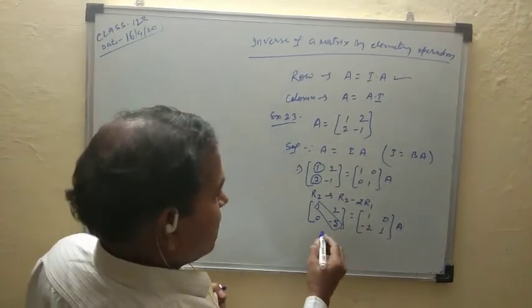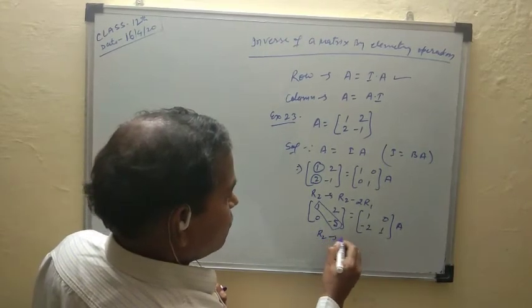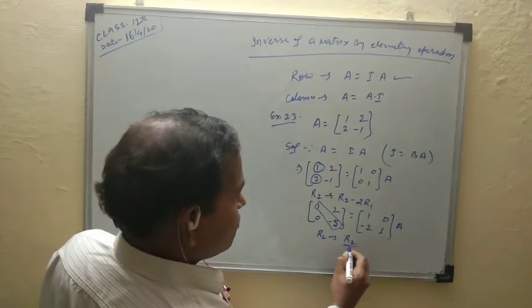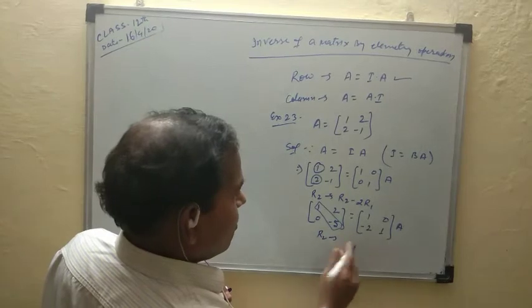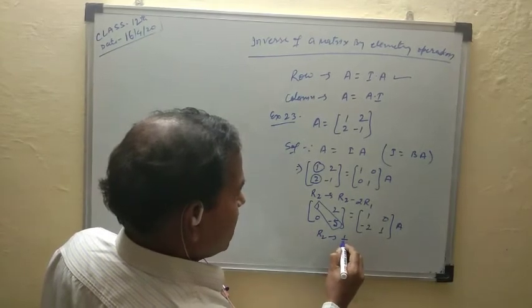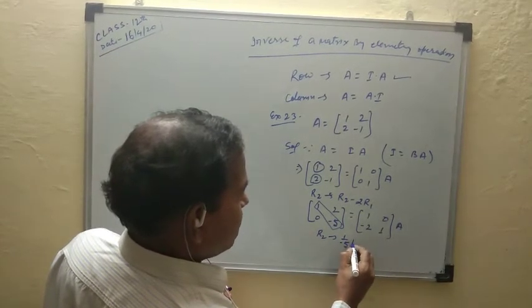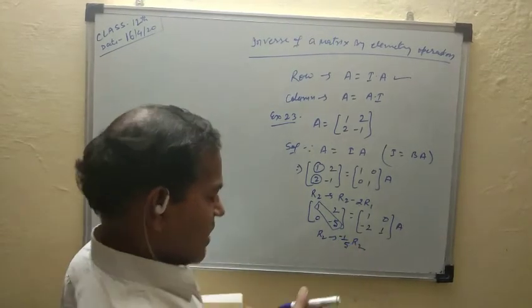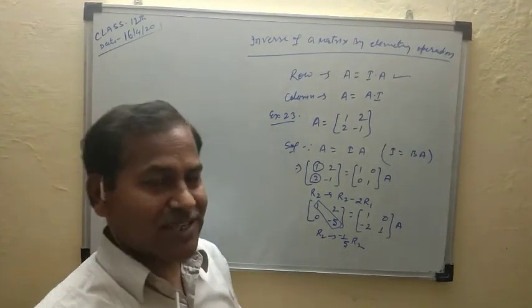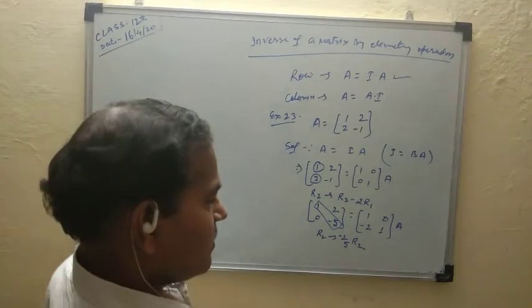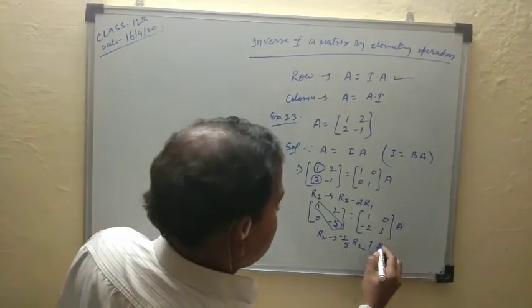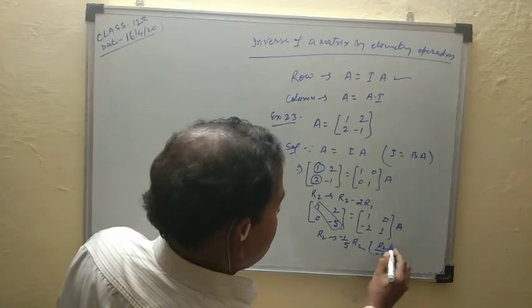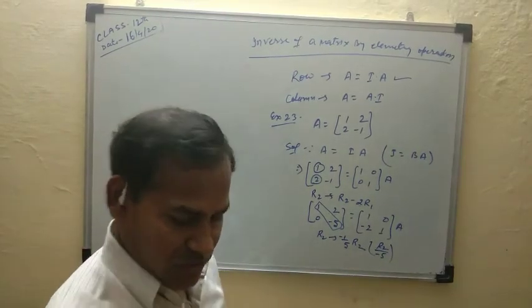So using the next property, R2 changes into 1 by minus 5 into R2, that is minus 1 by 5 into R2. This can also be written as R2 divided by minus 5.